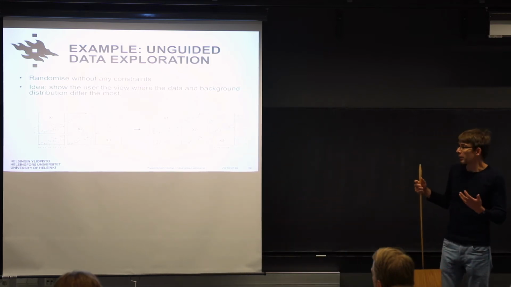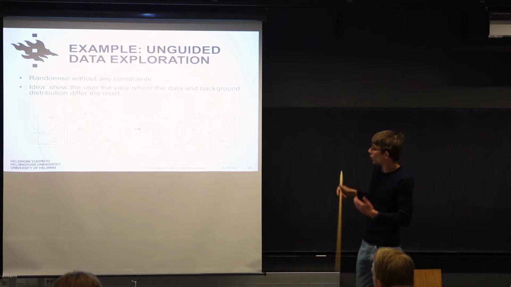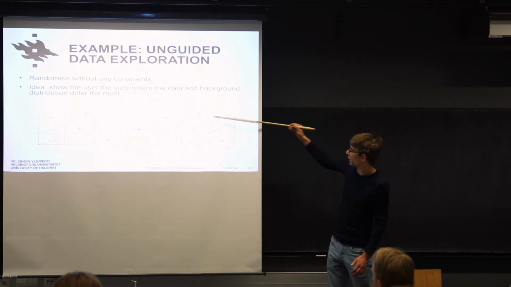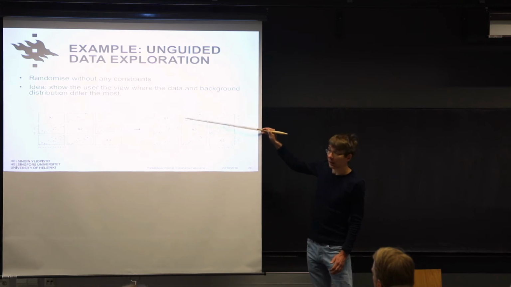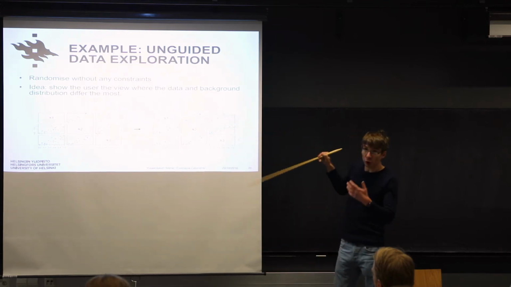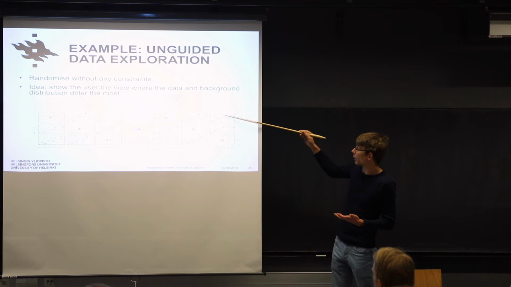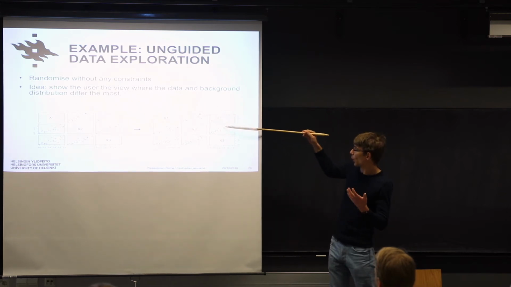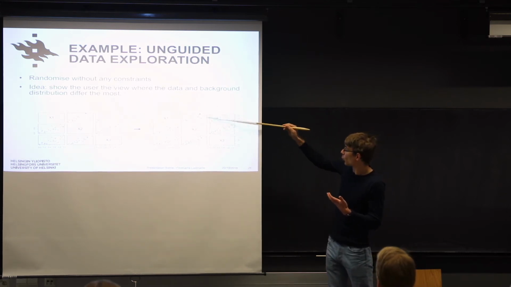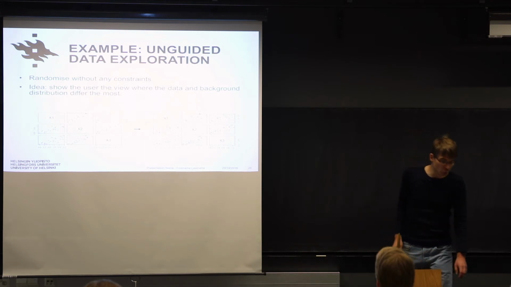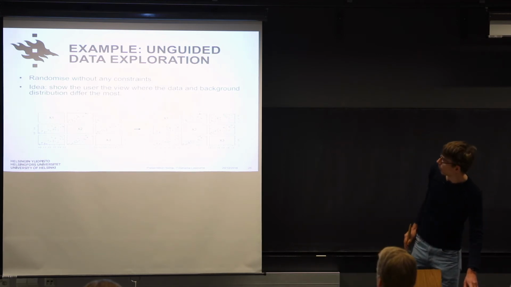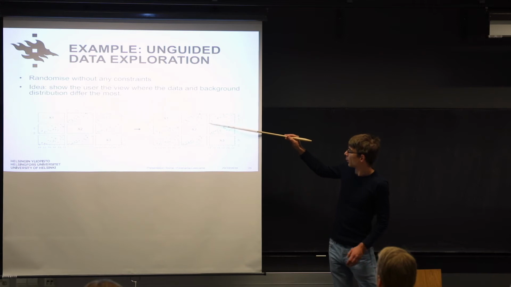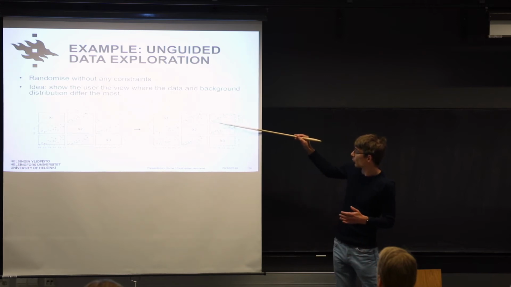The idea is that we want to show the user the view in which the data set and this background distribution, which I call our model of the user knowledge, differ most. So the view should be such that the blue and black, the background distribution and the data, differ most.